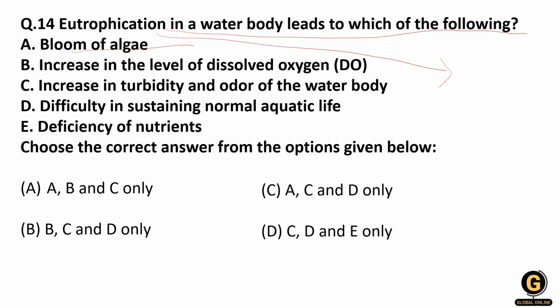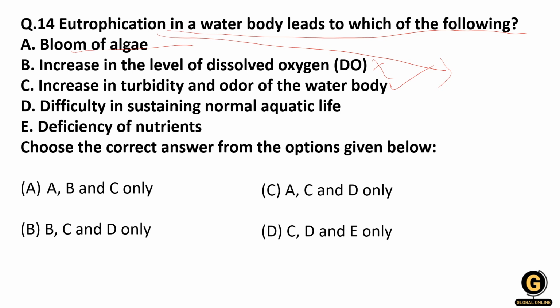Then there is no increase in the level of oxygen. We have seen that when there are more microorganisms, they use more oxygen, so the water body will have less oxygen, right? And the increase in the turbidity and odor of the water body is true because there will be more microorganisms giving more growth, and the water body color as well as the odor will change.